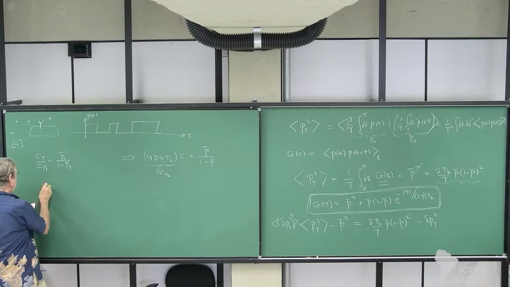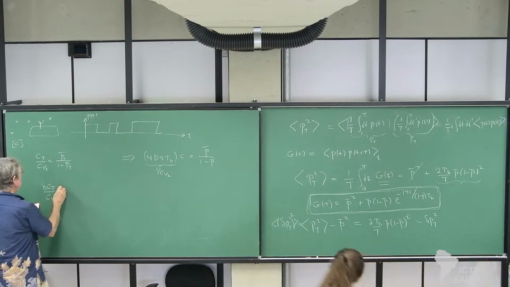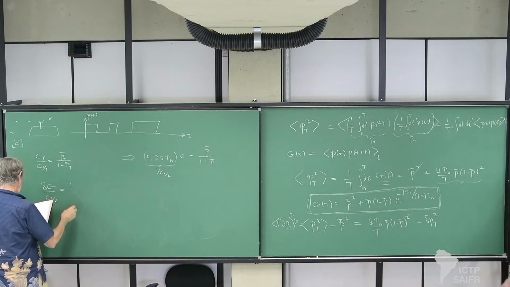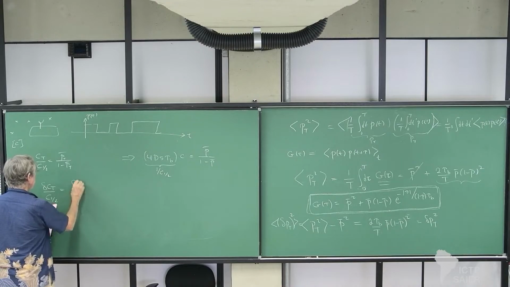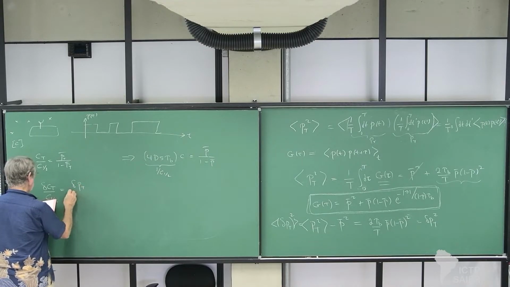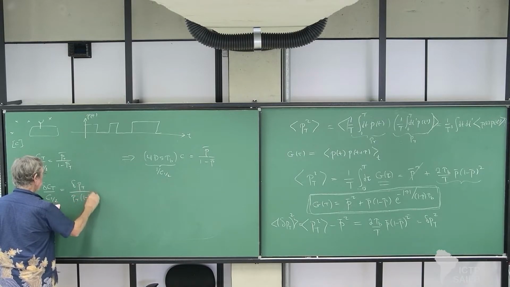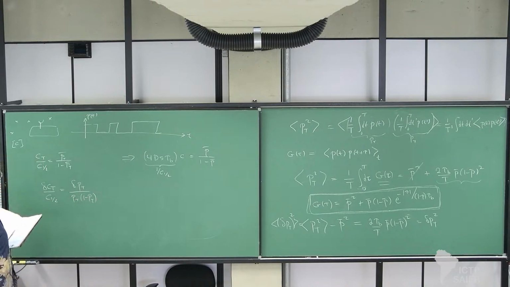I have delta CT divided by C half is equal to delta PT divided by PT times 1 minus PT. That is correct. Now, what do I care about?